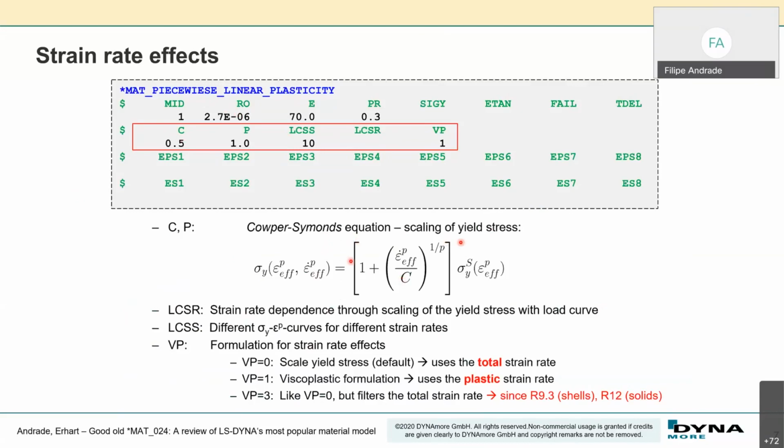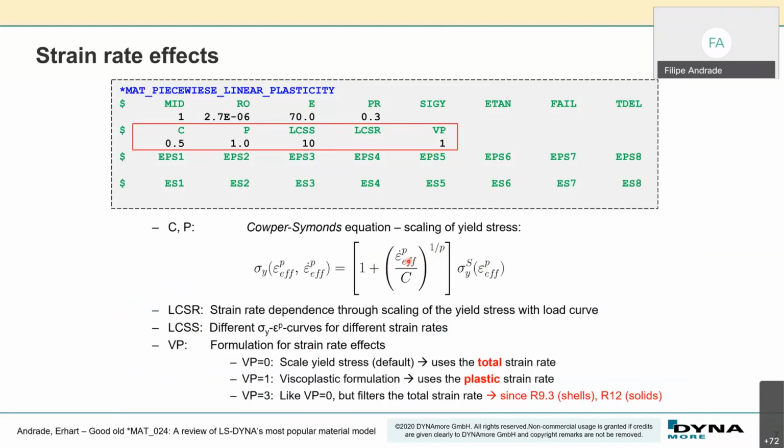And this equation is also a function of the strain rate. Basically what you have here is a scaling factor, and this scaling factor will scale your yield curve depending on the strain rate. In the end, if you evaluate this equation, you see that you have a kind of exponential behavior.